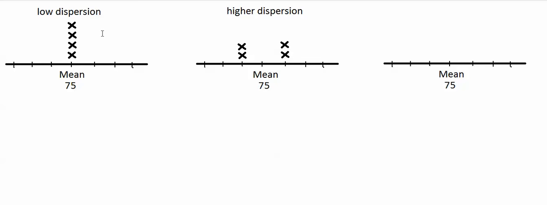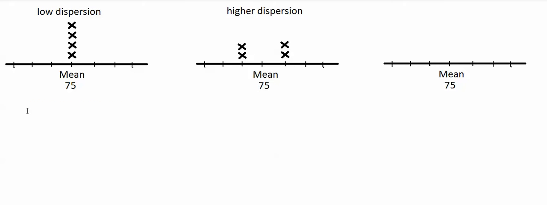So here we can see that when all 4 values were 75, each value was exactly at the mean. So the distance from each value to the mean is 0. This person's exam score is 0 away from the mean. This person's exam score is 0 away from the mean. This person is 0 away from the mean. And this person is also 0 away from the mean.